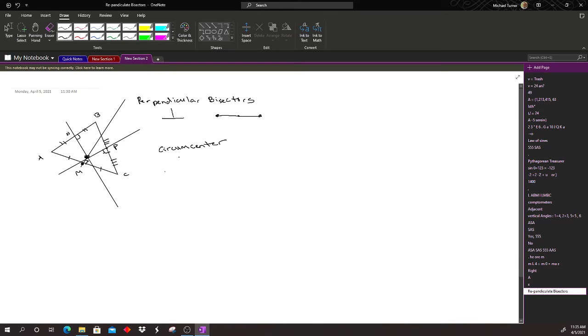If you're looking at an acute triangle, like ABC is here, then your circumcenter is going to be inside the triangle. However, if you're looking at, let's say, a right triangle, and again, it doesn't matter how it's oriented, then when you go to draw the perpendicular bisectors, you're going to end up with a point that is on the triangle.